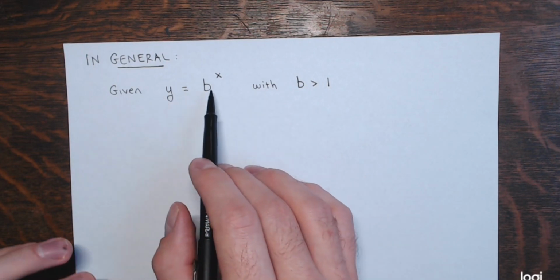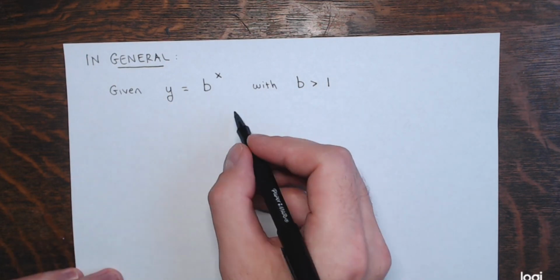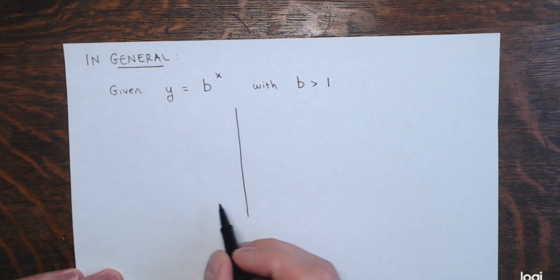This is a basic exponential function. The graph will look like all those three graphs did.